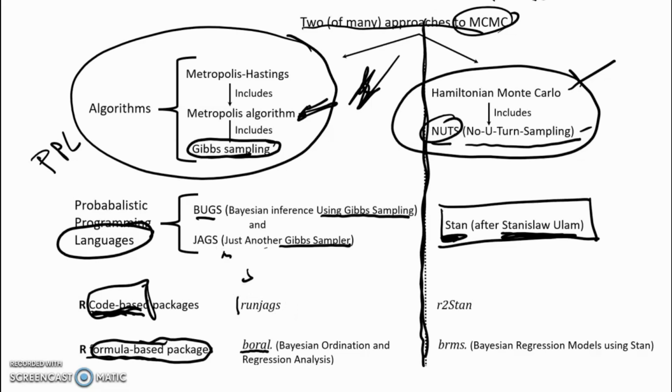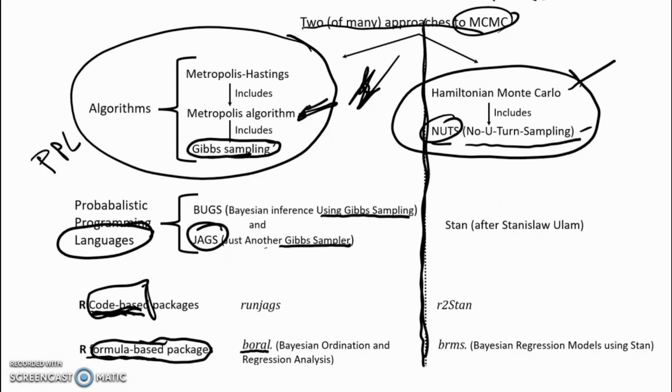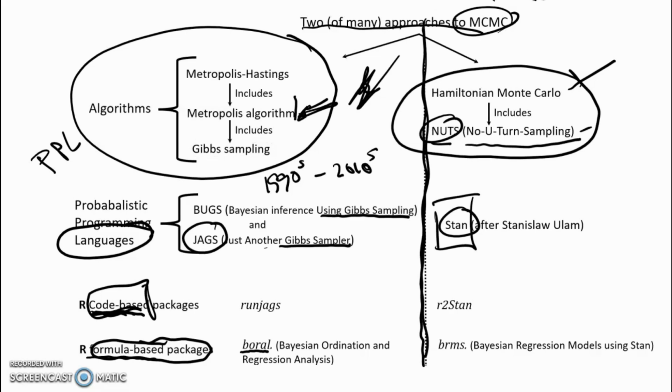If we compare JAGS, which is what we're going to be using, with Stan, JAGS was really popular from about the 1990s maybe to the 2010s, and Stan is more recent. However, I decided to go with JAGS. The reason is that it uses the Metropolis algorithm, which is perhaps the simplest of all algorithms, which makes it really appropriate for an introductory seminar such as this one.